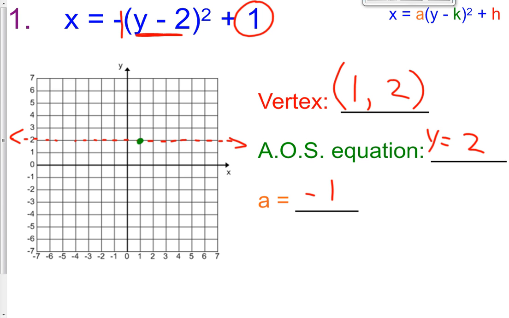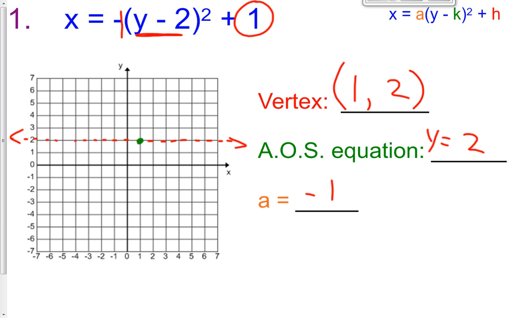We already graphed our axis of symmetry. Now class, don't draw this yet, okay? Just watch. If your a value is 1 on a graph that opens up, you went up 1, right 1, up 3, right 1. Your patterns are going to be the same for a. However, instead of having this look to it, it's now going to open up to the left. So that means that we're still going to have our 1 and 3, so on and so forth, except it's going to look like this.